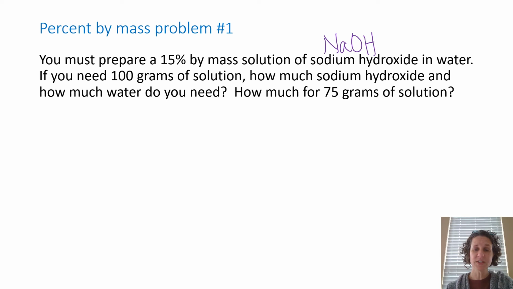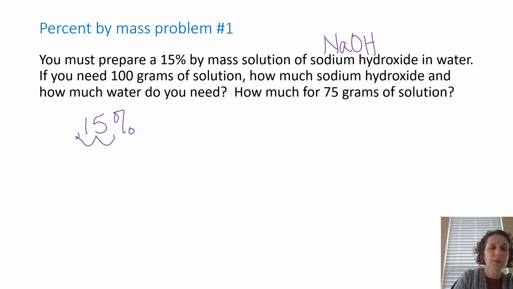So first things first, your first step is going to be to change your percent to a decimal. In order to do that, you would take your 15% and you would move the decimal, which is right there, back 2 places. So as a decimal, 15% would become 0.15.